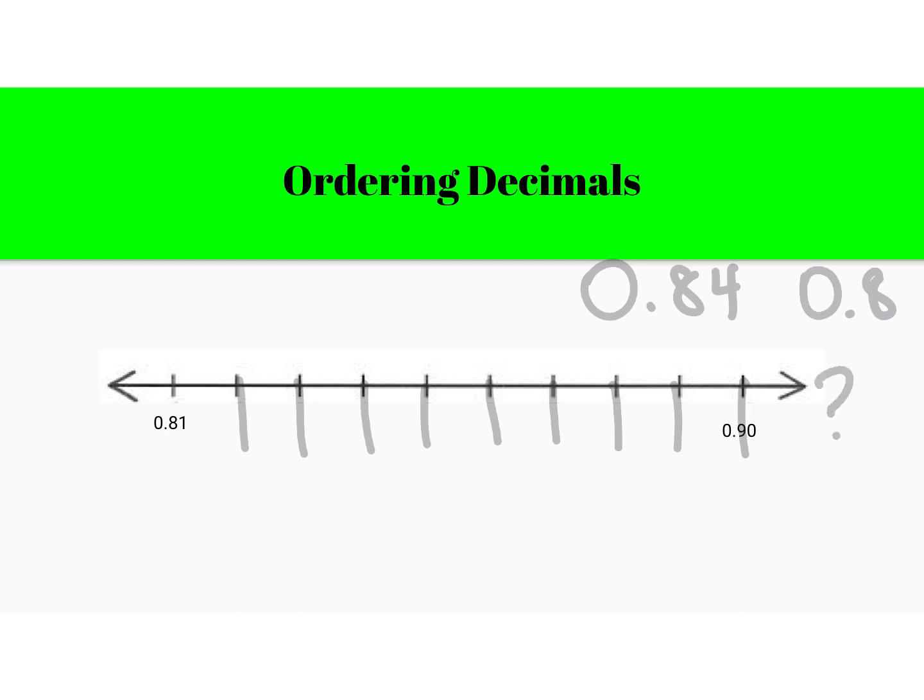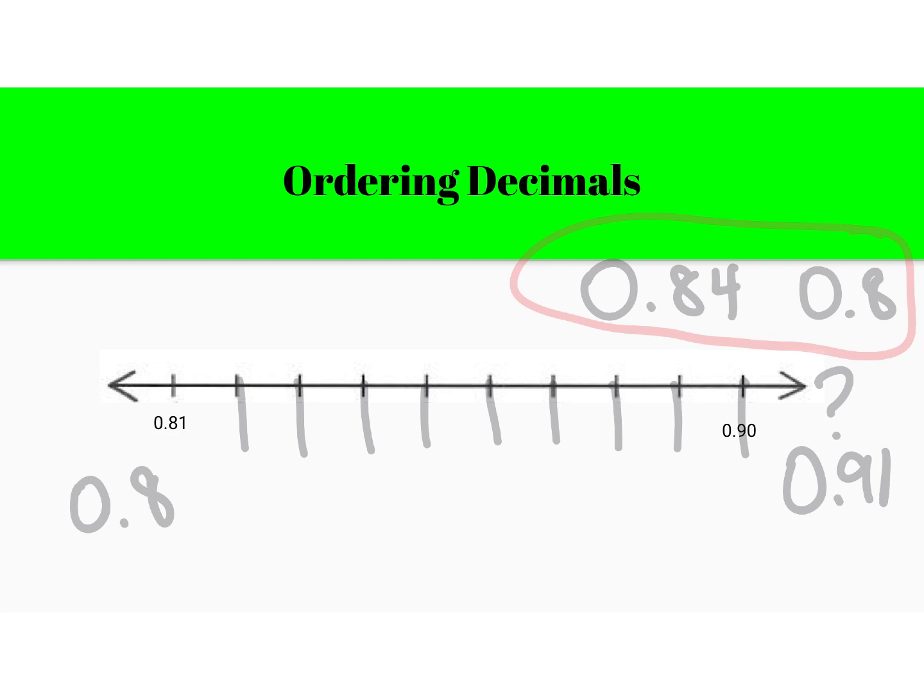Pause your video, think about it. It would be 0.91. And this one would be one value less, so 0.8 or 0.80. They mean the same thing. I'm going to take the 0 off just because you can. So back to our question over here. What is larger, 0.84 or 0.8?